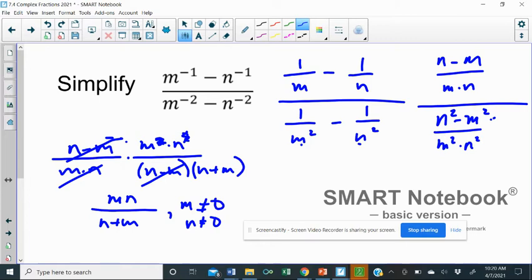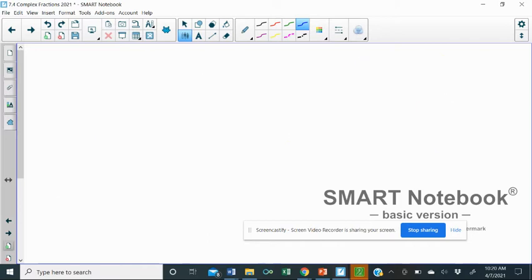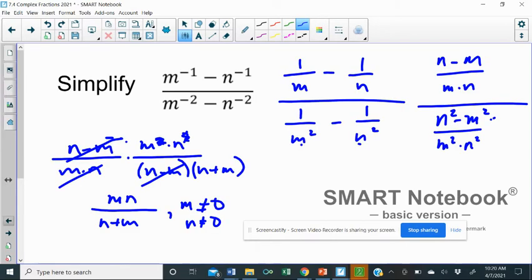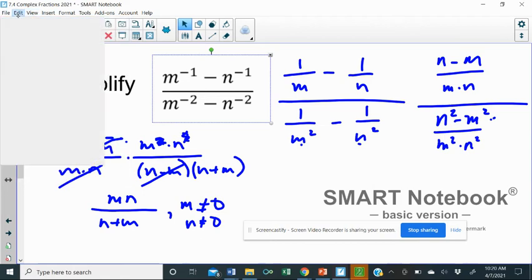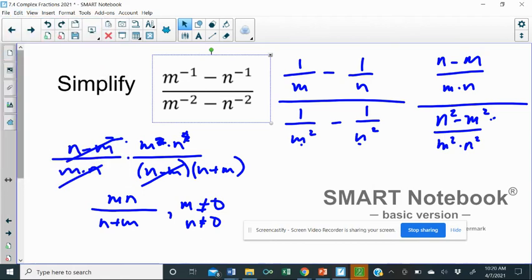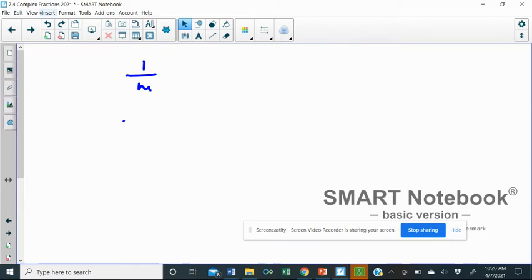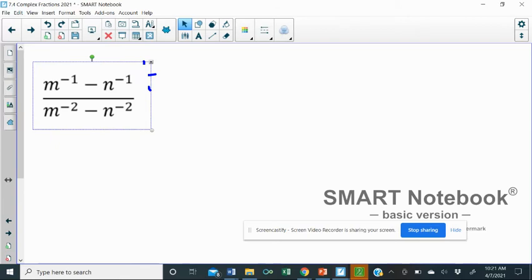Okay. So that was dealing with numerator and denominator. Let me add in a piece and I'll do the next one. 1 over M. Be smart if I just took this, edit, copy, edit, paste.